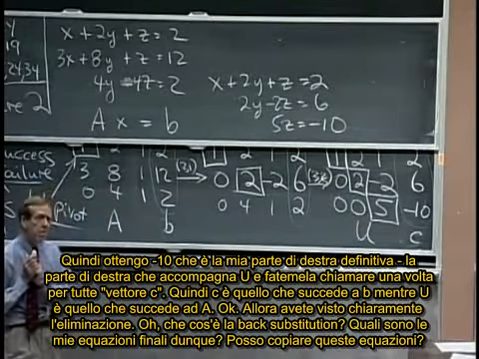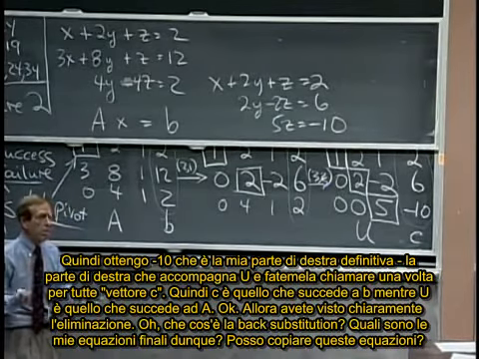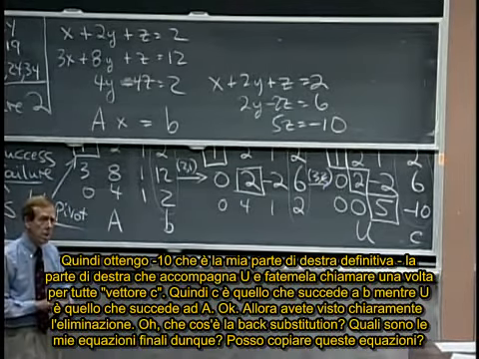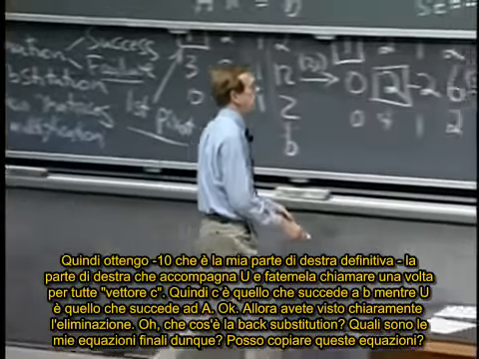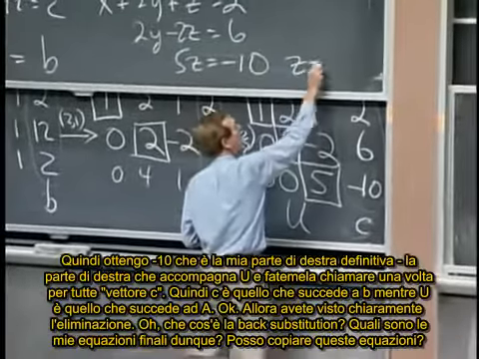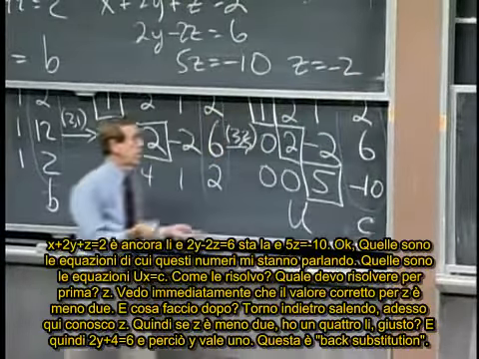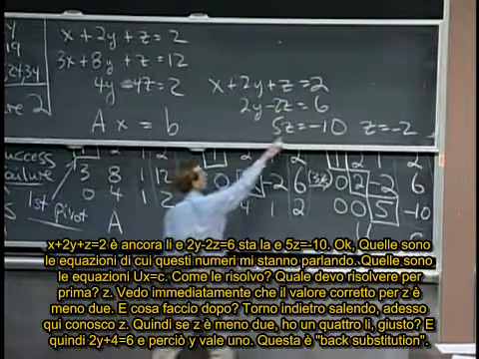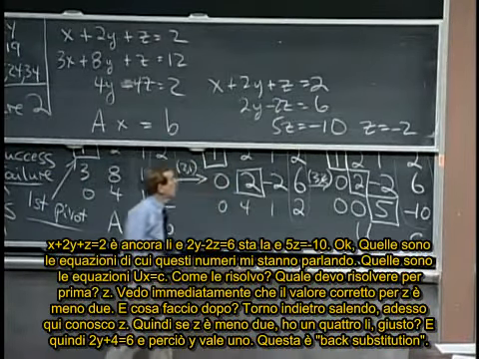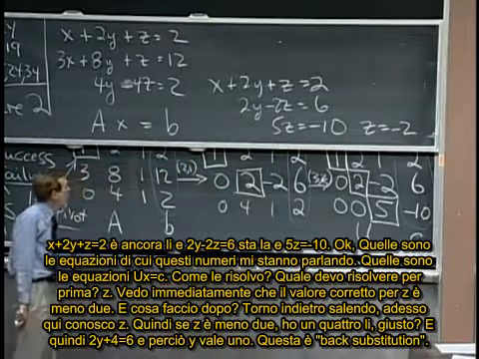Okay, how do I solve them? What one do I solve for first? z. I see immediately that the correct value of z is -2. And what do I do next? I go back upwards. I now know z here. So if z is -2, that's 4 there.